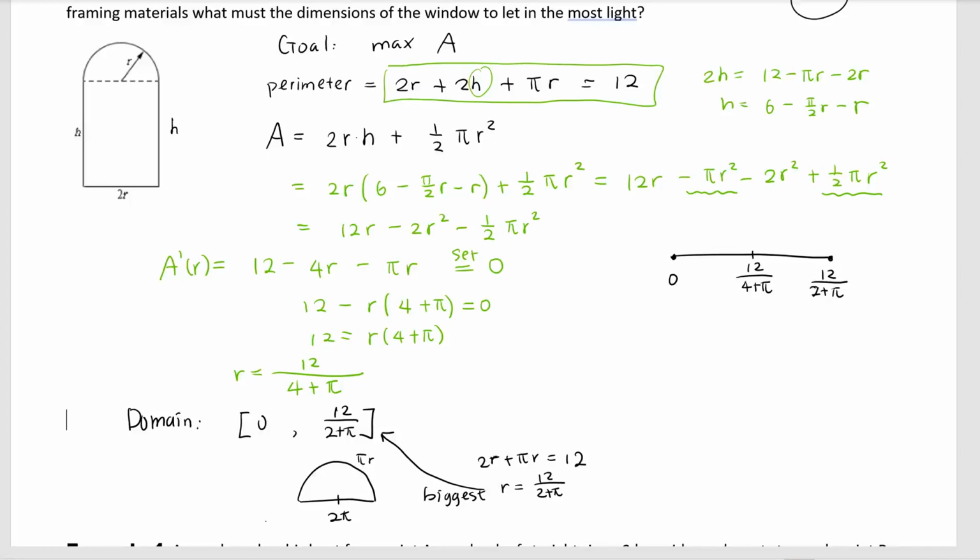Okay, so we have A prime and A, because this guy is a critical point, so A prime evaluated at that point is 0. Then we look at the other pieces to see whether it's positive or negative. So let's see.